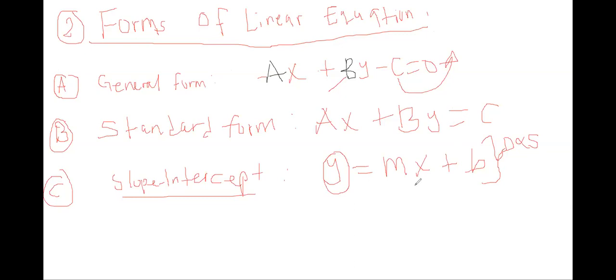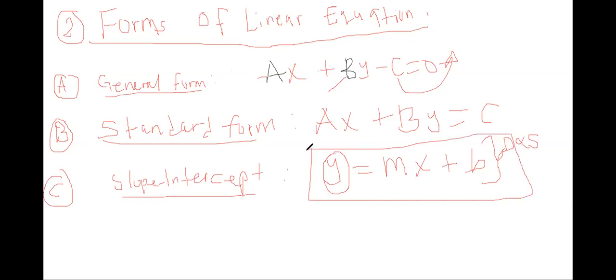So let's continue. We have more than 3 forms, but for this course, these are the standard forms that we will focus on: the general form, the standard form, and slope intercept form. We will spend more time to look at this, but for now, let's know that there's a slope intercept form, and the m there is nothing but the slope.